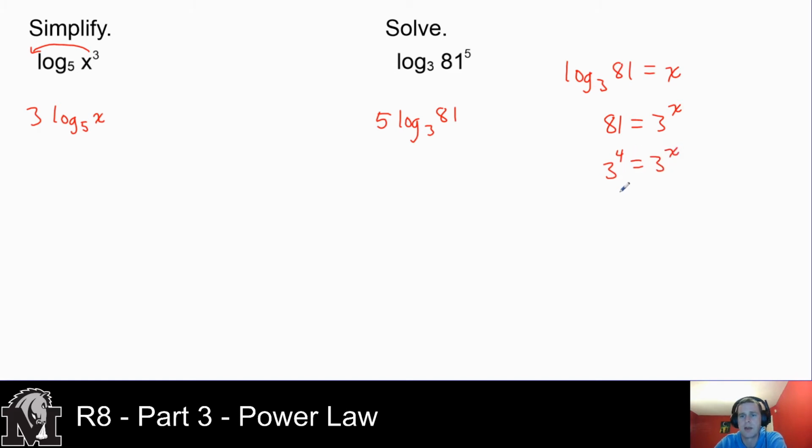So I replace 81 with that. And then if our bases are the same, our exponents must be the same. So 4 is equal to x. So x was equal to log base 3 of 81, so I can replace this log base 3 of 81 with a 4. So we end up with 5 times 4, which of course is 20.